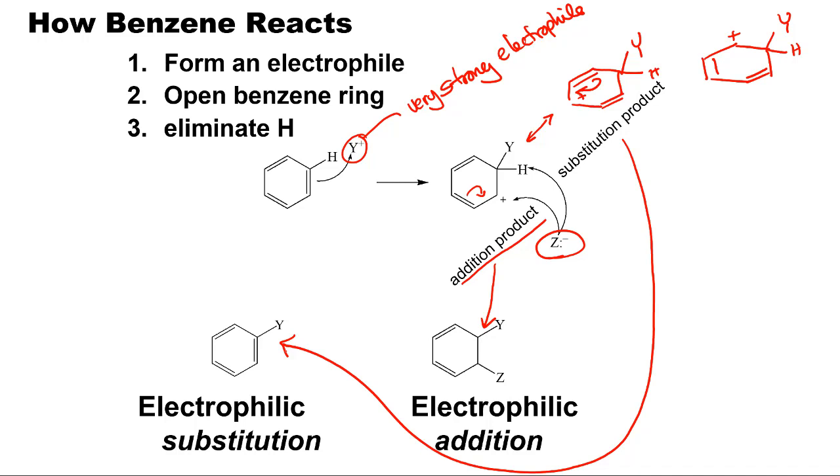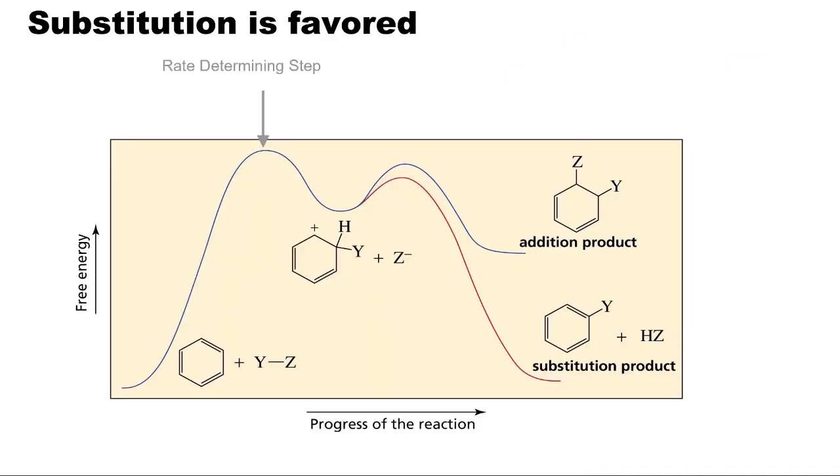In practice, what we find is there is no addition product, and all the product that forms is the substitution product. The reason for this has to do with the stability of the substitution product. Now, the rate determining step is this first step to form the carbocation, which is stabilized, again, by those two other resonance structures.